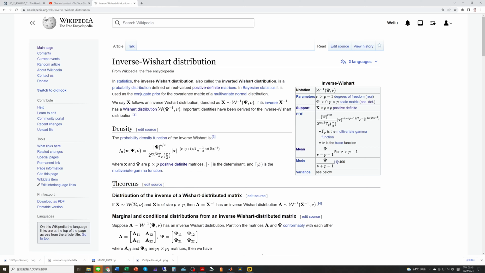Okay, at this point, you only need to know this definition, which is enough. If you want to go through more details, you can read this article by yourself. If you have any questions, please contact me.